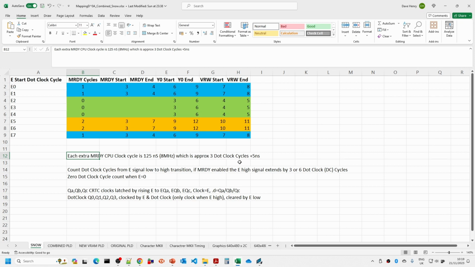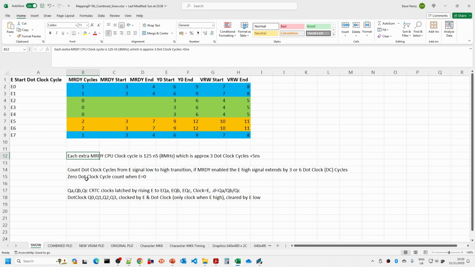There is a 5 nanosecond difference, but in the grand scheme of things that hopefully shouldn't make too much difference. What we're going to be doing is counting the dot clock cycles from when the E signal goes from low to high, so that's when we're really accessing the video memory. And if MRDY is enabled, the E high signal is then extended by 3 or 6 dot clock cycles.